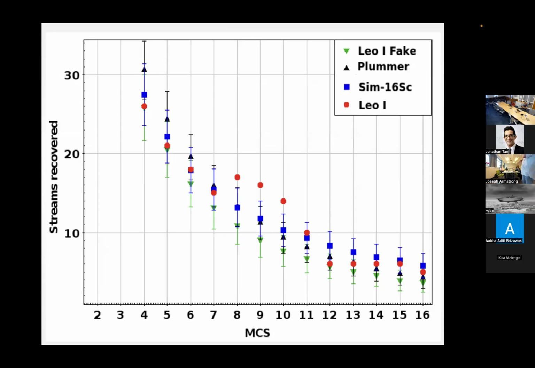Even though we can't prove that, at MCS equals 10, we have about 14 streams. We have no clue which of those 14 are real and which is just a false detection.